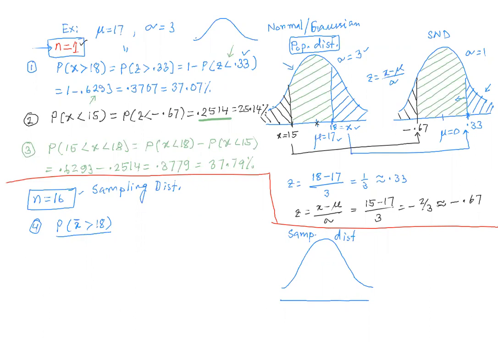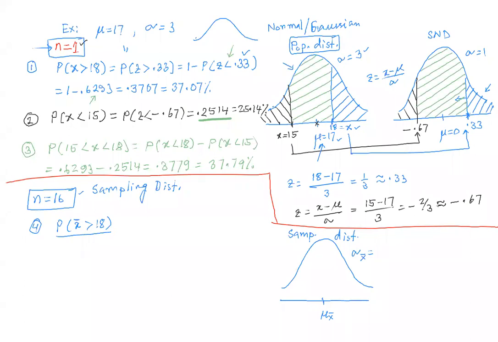So there is a difference. For the population distribution, you have a mean. For the sampling distribution, you have a mean as well, but it's denoted by mu sub X bar. For the sampling distribution, you have a standard deviation as well, denoted by sigma sub X bar. Now, we need to find the mean and the standard deviation for these two.